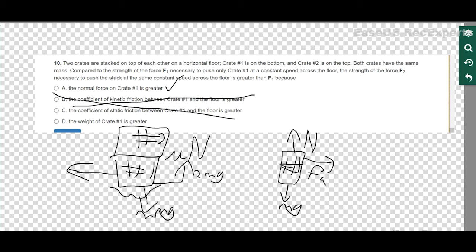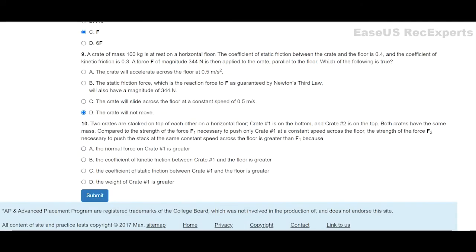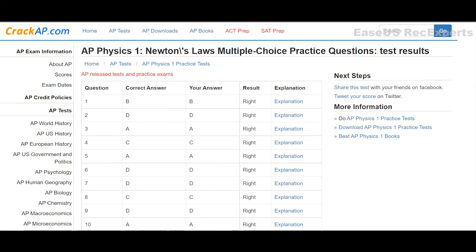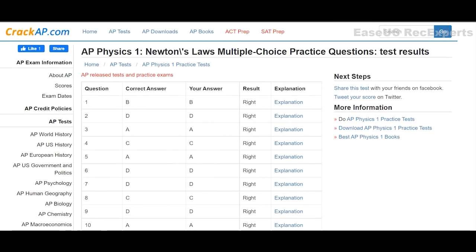Now, the weight of crate 1 is still going to remain at mg. It's only the normal force because we have another crate pushing down onto crate 1, which then increases the surface contact, increasing the normal force, not the weight. So we can cross D out. And we should get everything correct. And yes, everything is indeed correct.